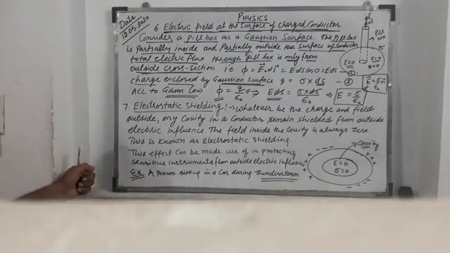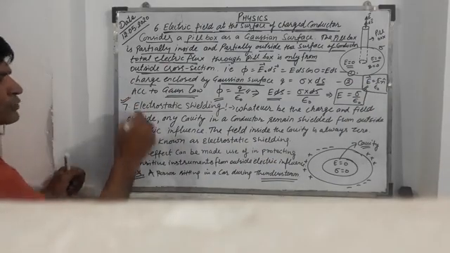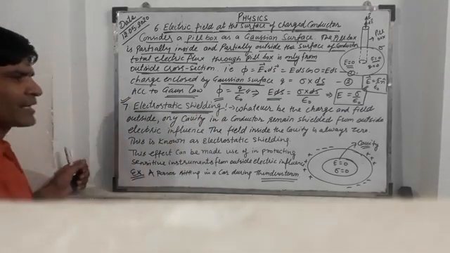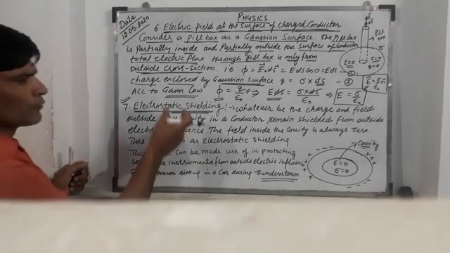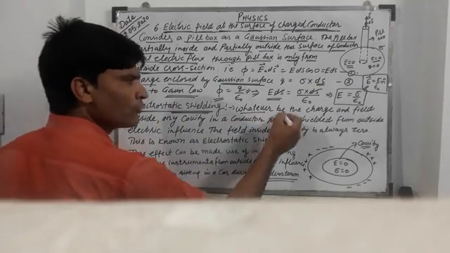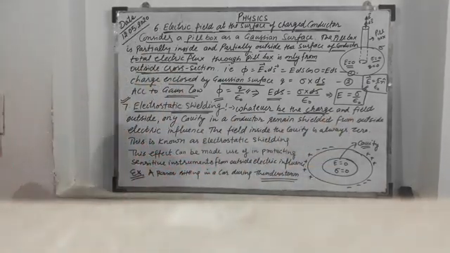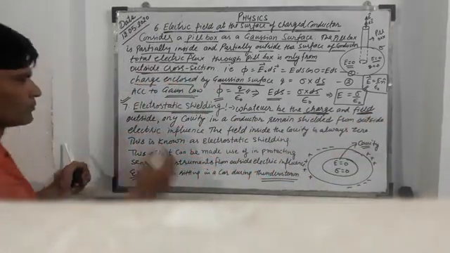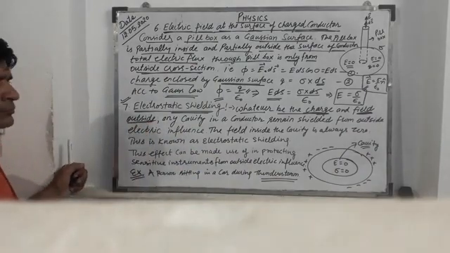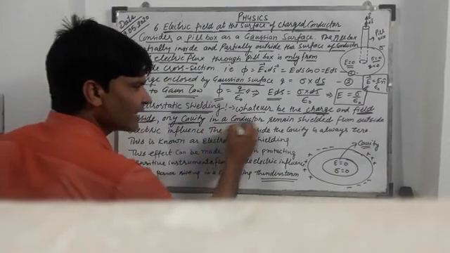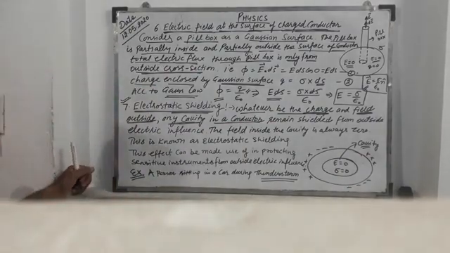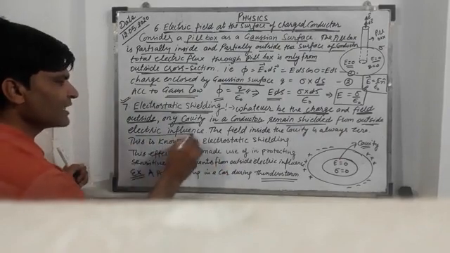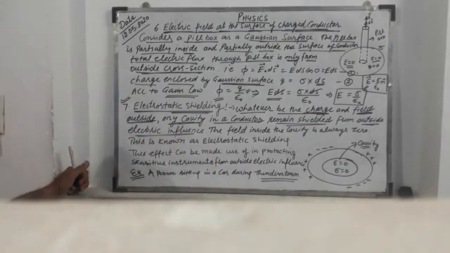Now the last point is electrostatic shielding. What is this? Whatever be the charge and field outside, any cavity in a conductor remains shielded from outside electric influence.